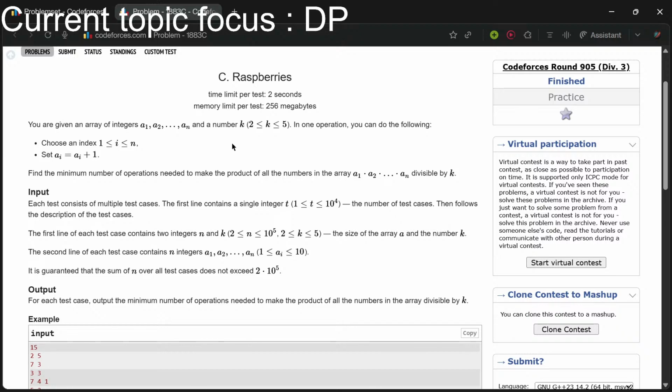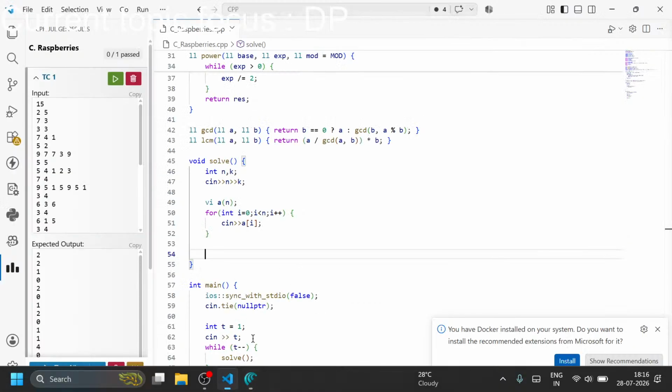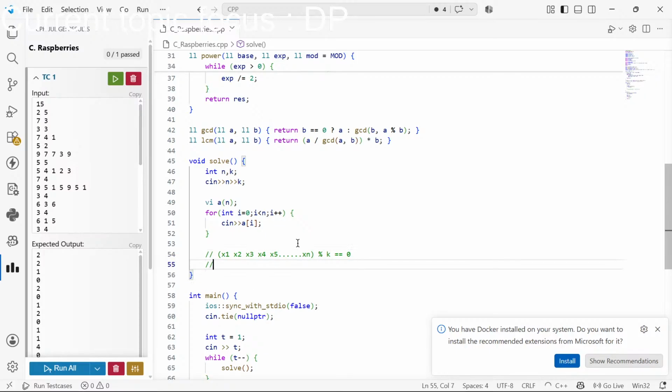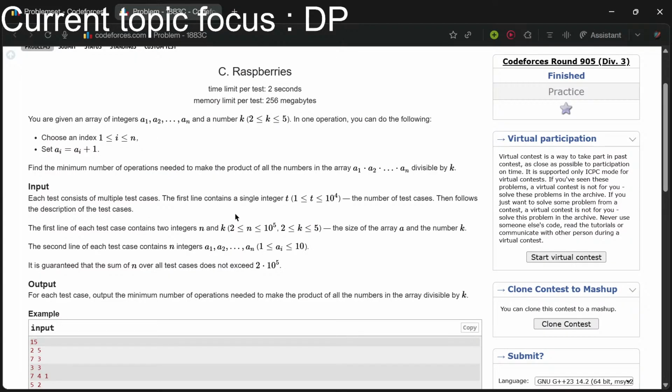And I can make changes into any of the xi. But is this correct though? Mod k is what I want. So what I want is the product of all of them divisible by k. So basically mod k equal to 0 is what I want.